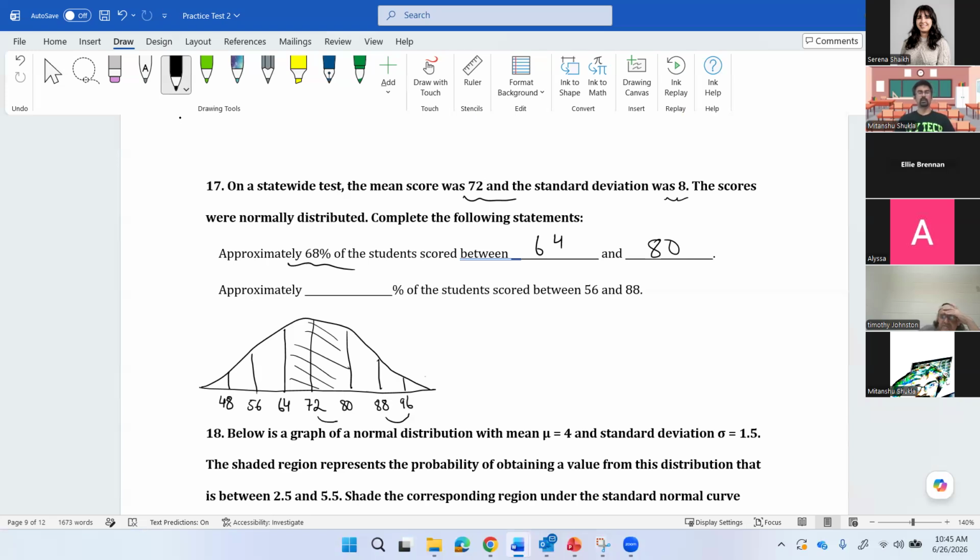Right. Each time I added 8. Did I do my math wrong? And each time I go to the left, I have to subtract 8.